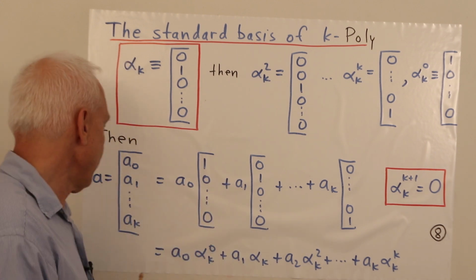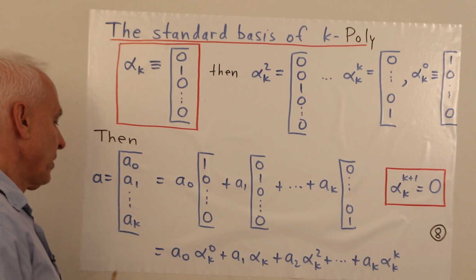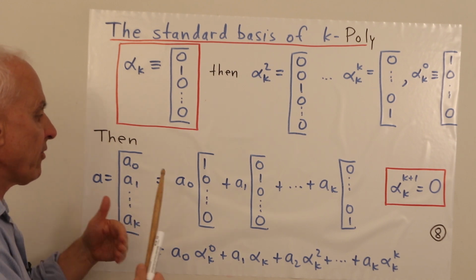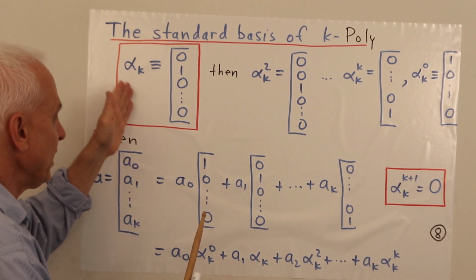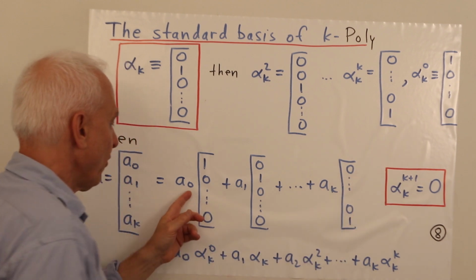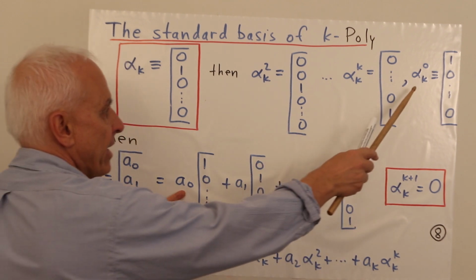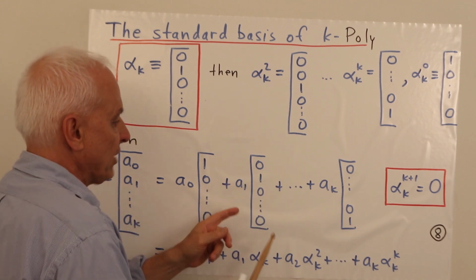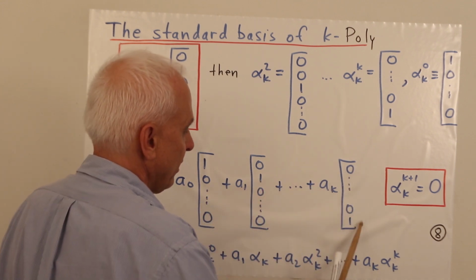So then, for example, here's a typical k-poly. Say a equals a0, a1 down to ak. We can then write that as a linear combination of these basis vectors. Start with this one here. So it's a0 times alpha to the k0, that one there, plus a1 times this vector, all the way up to ak times this vector.